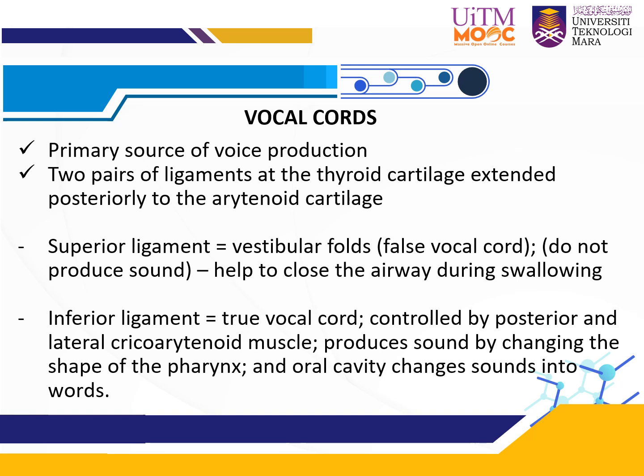The false vocal cord does not produce sound, and therefore its function is to help to close the airway during swallowing. The inferior ligament is known as the true vocal cord, and it is controlled by the posterior and lateral cricoarytenoid muscle, and this true vocal cord is the one producing sound. By changing the shape of the pharynx and the oral cavity, it changes sounds into words.